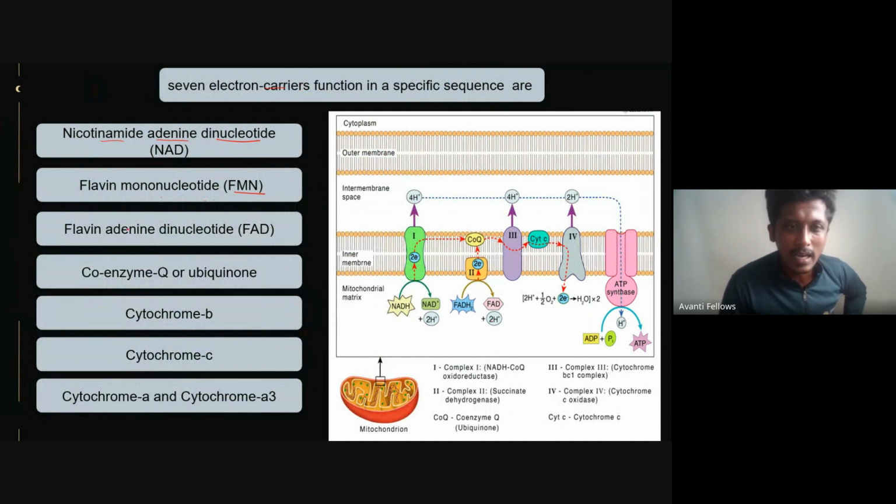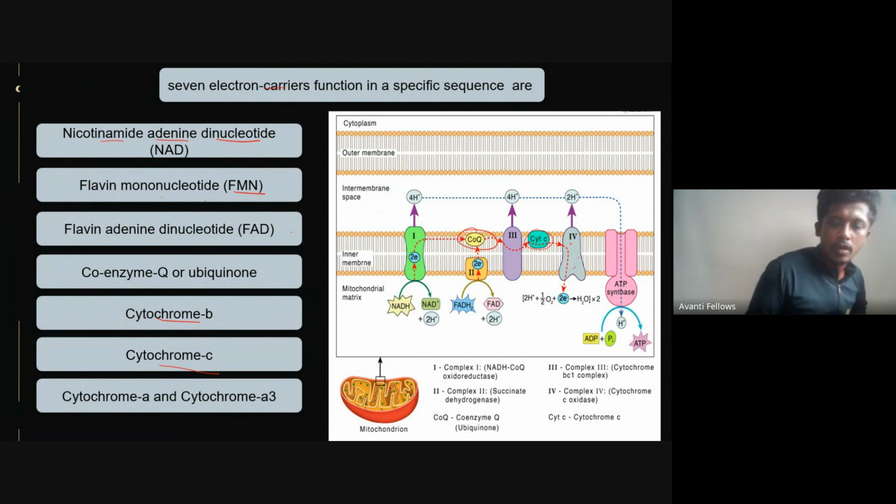Then we have flavin adenine dinucleotide, that is also present in complex 2. Then coenzyme Q, which is also called ubiquinone, which is a carrier. Then we have cytochrome B and cytochrome C. So cytochrome C is something called a mobile element. We'll talk about it. And then we have cytochrome A and cytochrome A3, which are the last elements of our complex 4. Okay. So these are the names of our complexes.